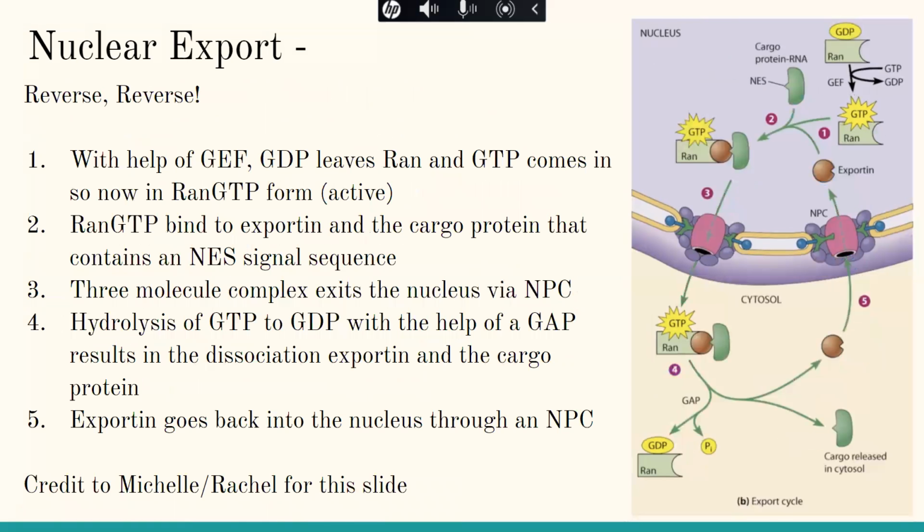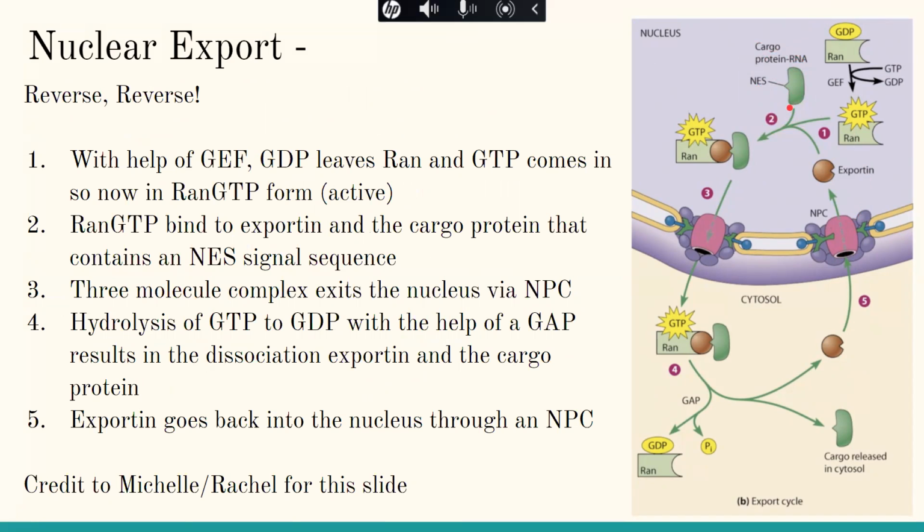All right. And now nuclear export, which is basically the reverse. So now we're starting in the nucleus with a protein that needs to leave. The protein will have a nuclear export sequence right here, as you can see on this little green protein.